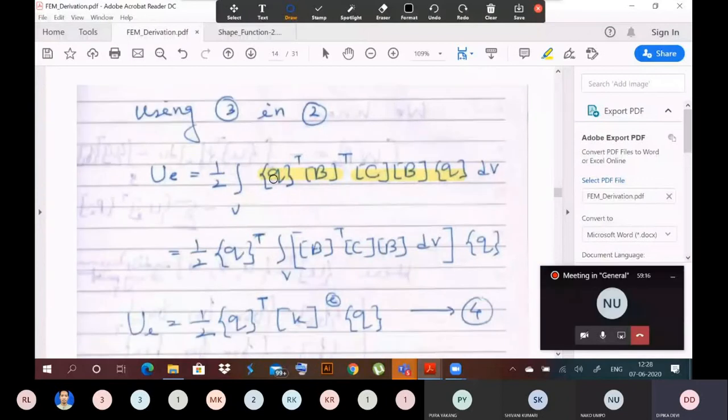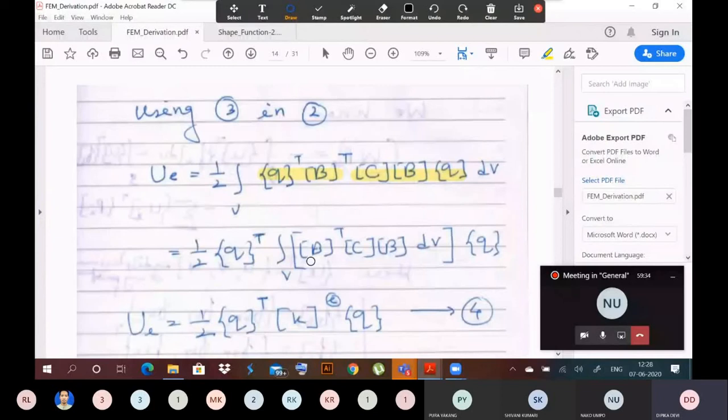So we'll have half into Q transpose, integration over volume, B transpose C B dV, then bracket. Here also I should use one bracket here. Oh, I have used it. It should be okay. Anyway, into Q. So this Q transpose and Q have gone out of the integration. This is my remaining portion inside, which will be called your stiffness matrix.